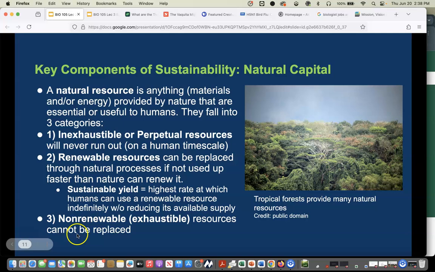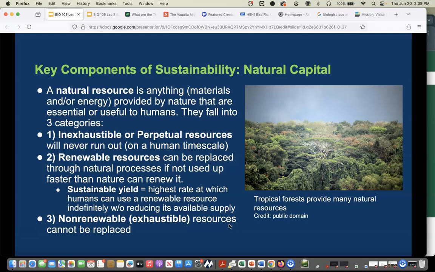And then non-renewable or exhaustible resources are resources that cannot be replaced. Non-renewable resources are resources that take millions to billions of years to form through geological processes. So this is going to be things like oil, natural gas, coal, certain metallic minerals like copper and aluminum.